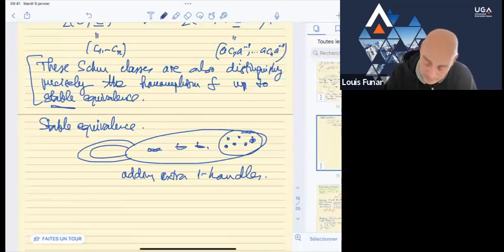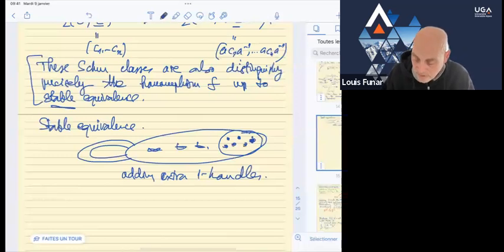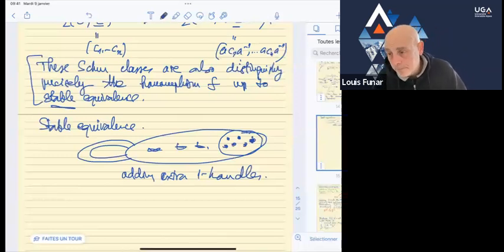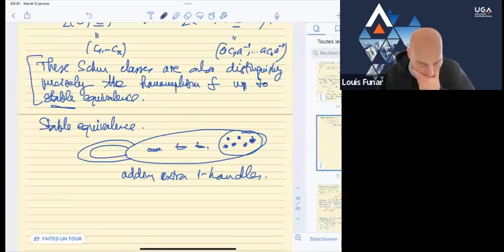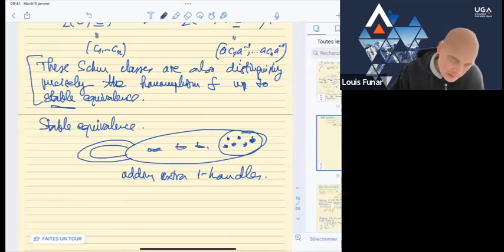So in some sense, I would say that part of the obstruction is vanishing when I'm adding enough one handles, even if at this side it doesn't look so. So there are, of course, many other small complications. I can explain some of them.